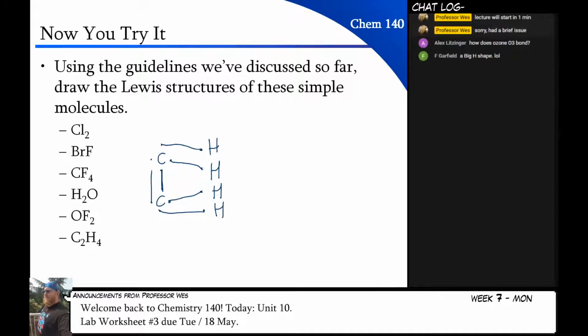And then now I can pair these together. And that looks really stupid, so we're really going to tidy this up. And that's what our molecule looks like, which you might have rotated.